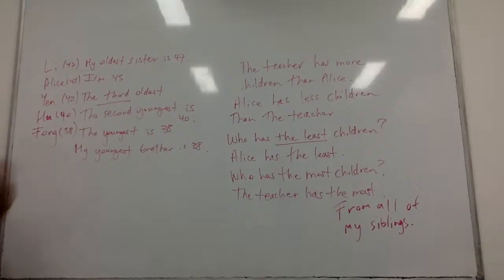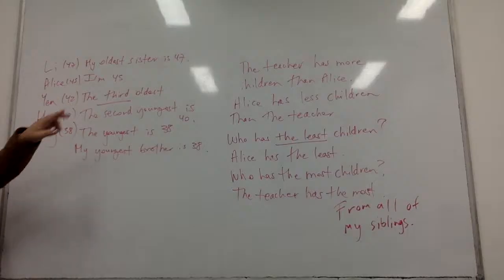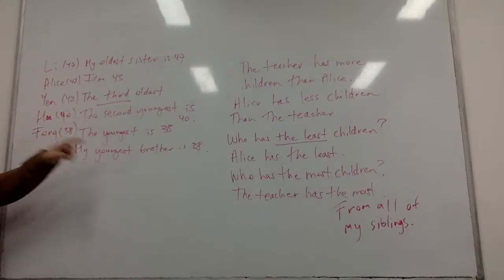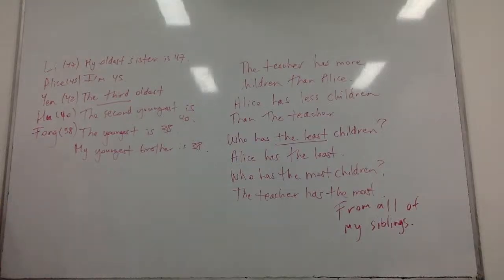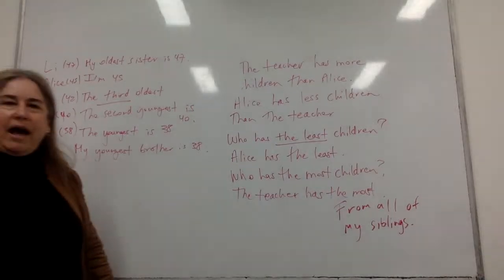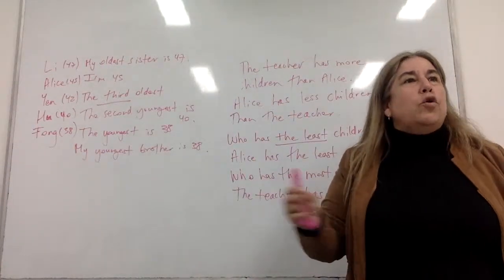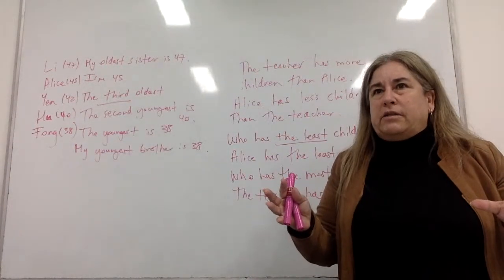I'm 45. Yen is the third oldest and is 42. Who is the second youngest and is 40, and the youngest is 38. Makes sense. You go, oh, okay, gotcha. I understand now. There's an order. See? So always your ideas need to be like this.